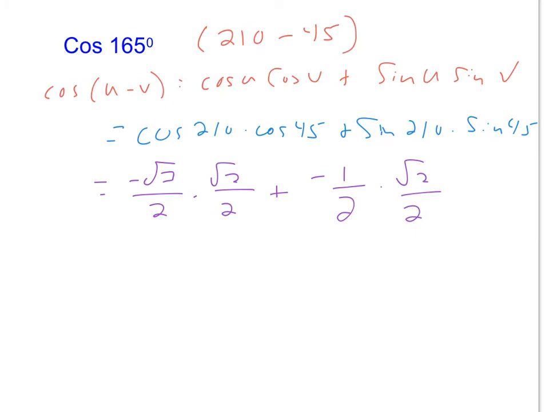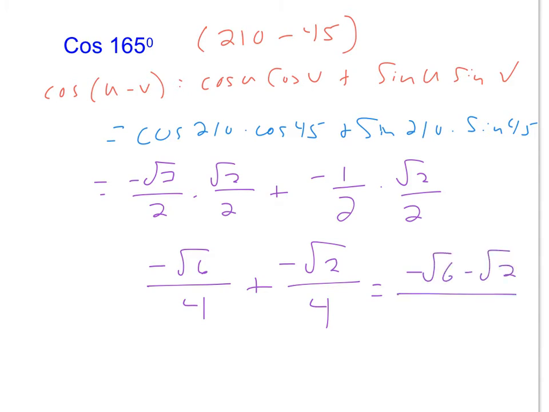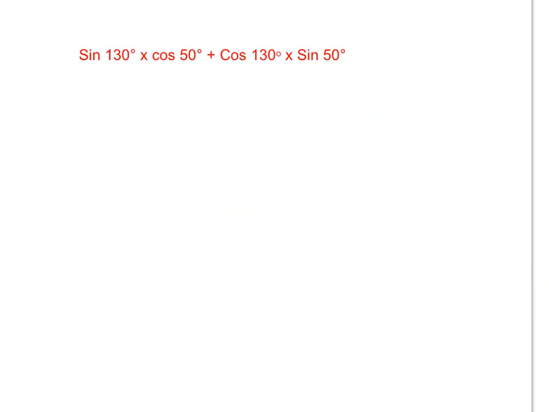So on the left side I get negative root 3 times root 2, which is negative root 6 over 2 times 2, which is 4, plus negative root 2 over 2 times 2, which is 4. This equals negative root 6 minus root 2, all over 4. You'll notice it's the same answer as we got the last time. Of course it is.